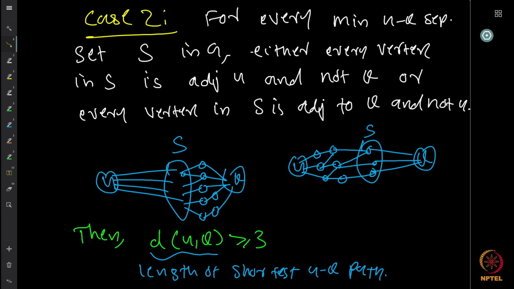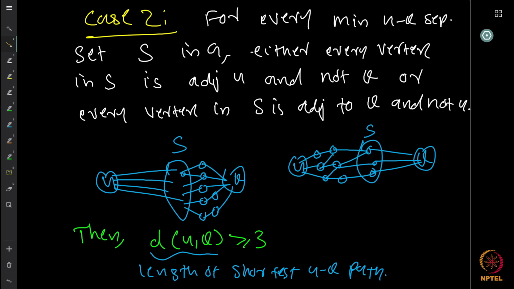In this case, we assume that for every minimum UV separating set in the graph G, either every vertex in the set S, let's say the separating set S, is adjacent to U and not to V, because if there is one which is adjacent to both U and V, then we are in the previous case.